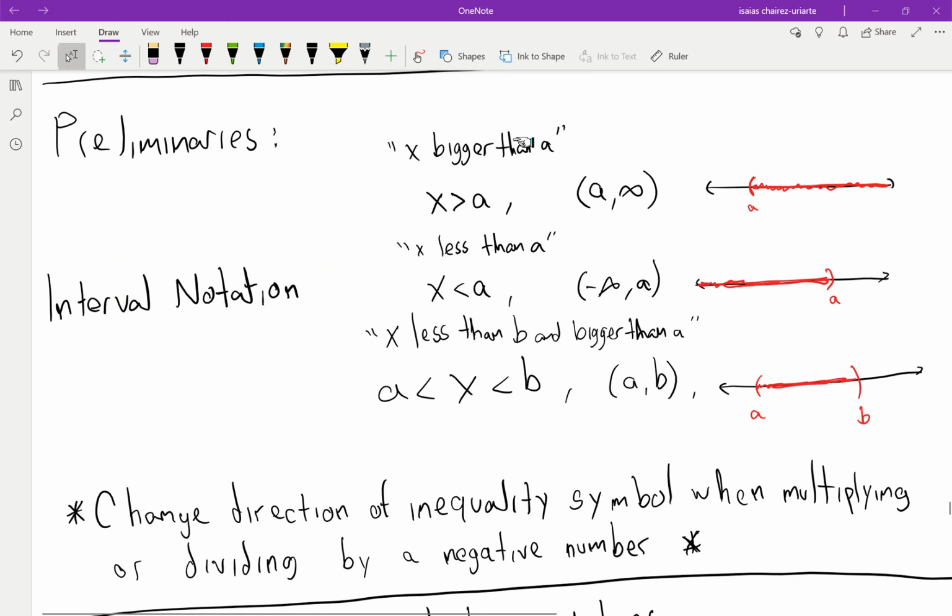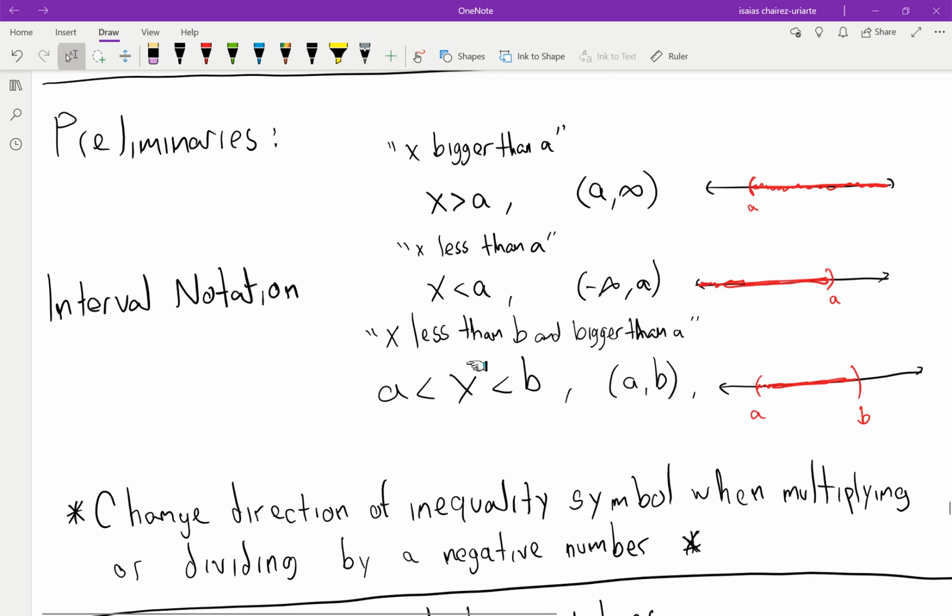This is the interval notation equivalent here, parentheses a to positive infinity, and as a sketch on a number line it looks like this. It's all the values bigger than a, not including a, so to the right of a. X is less than a, that's the inequality. This is the interval notation, and this is what the picture looks like.